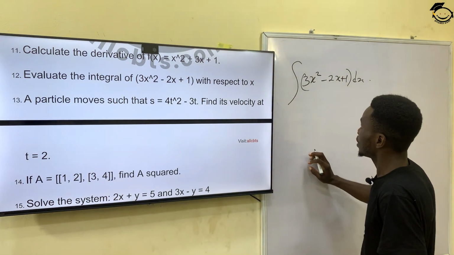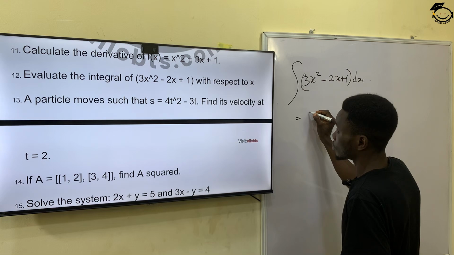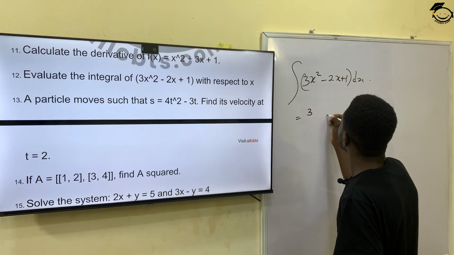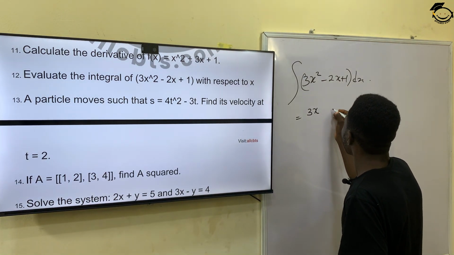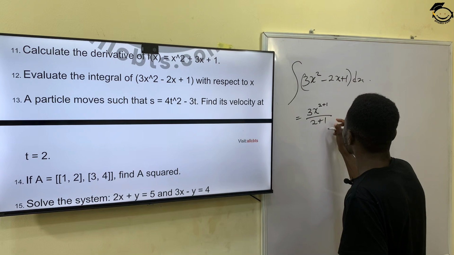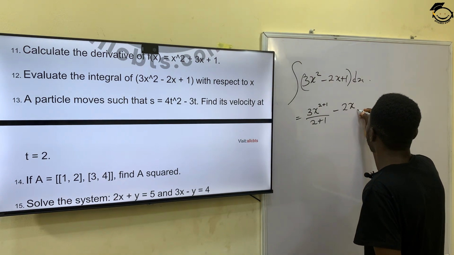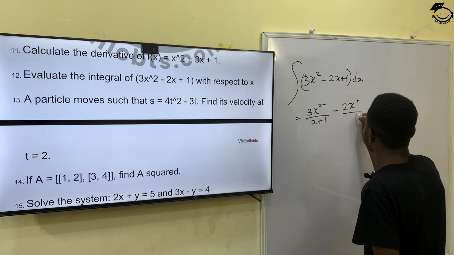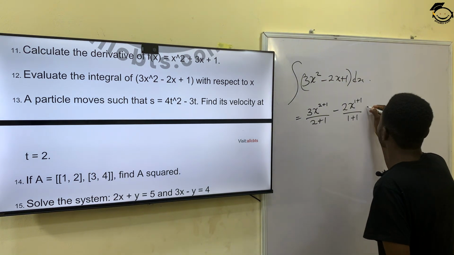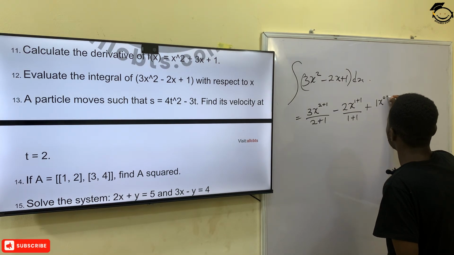So if I want to integrate this, this will give me 3x raised to power 2 plus 1 all over 2 plus 1, minus 2x raised to power 1 plus 1 all over 1 plus 1, plus 1 x raised to power 0 plus 1 all over 0 plus 1.